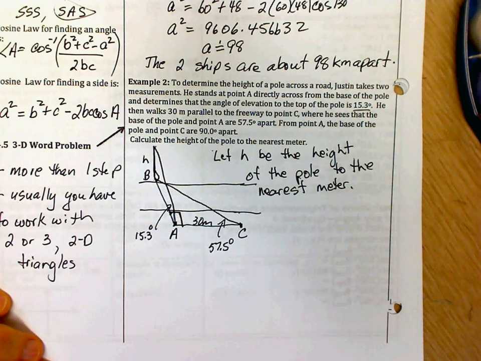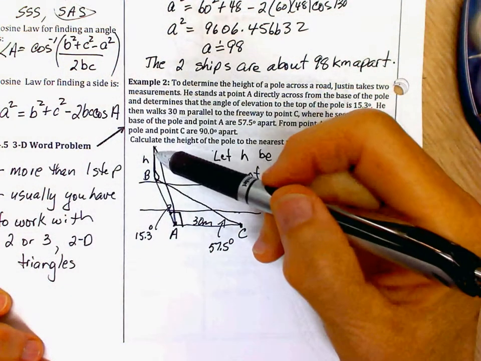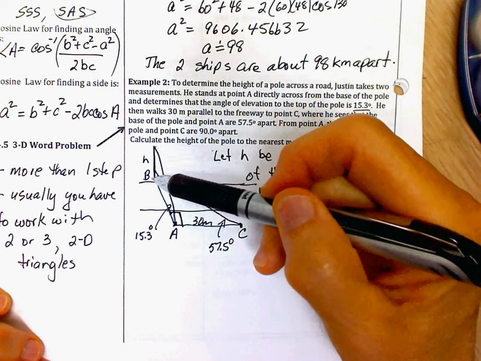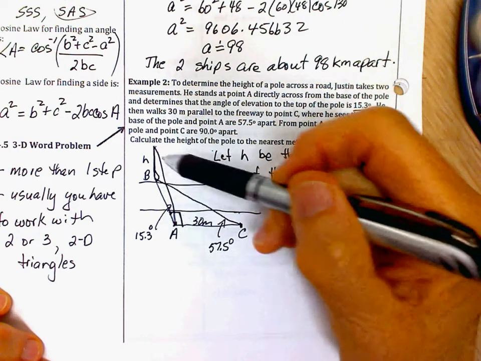Well, let's just look at this. There's the height of our pole, and we have this angle of elevation. All we really need is this side.